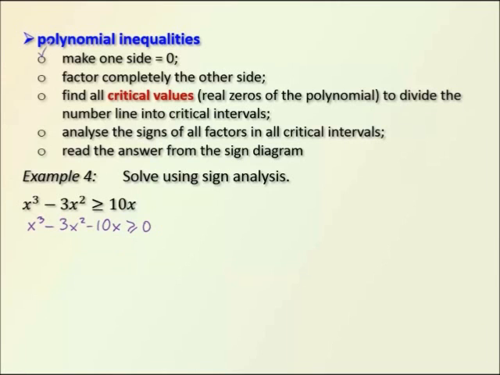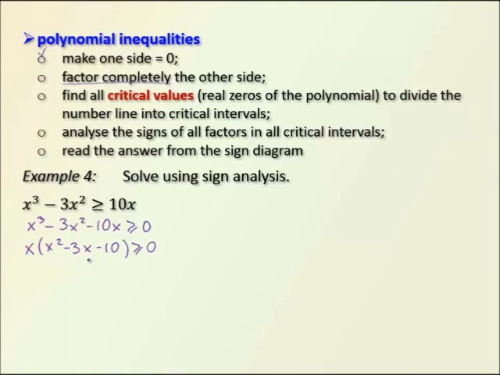That's the first step. Then we are going to factor completely the polynomial that we've got. So how do we factor this particular one? Well, we have x as a common factor, and then we have x squared minus 3x minus 10 bigger or equal to 0. Is this polynomial factorable? Product -10, difference 3. Well, that's possible.